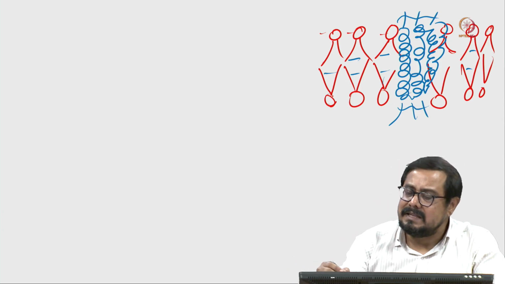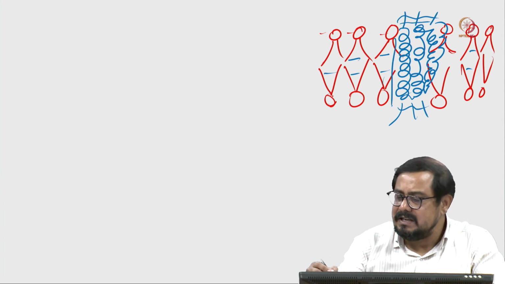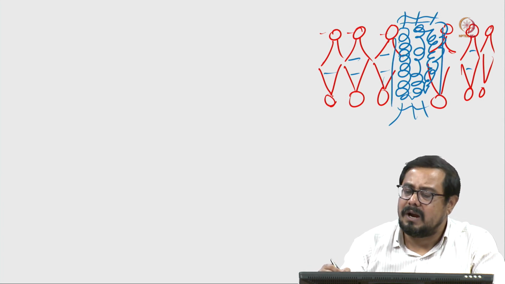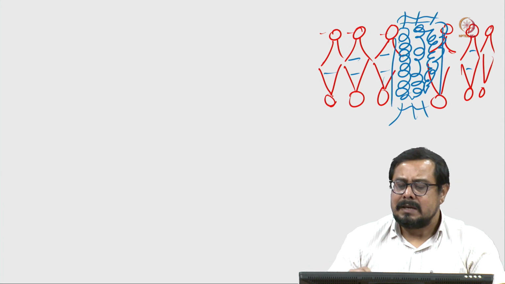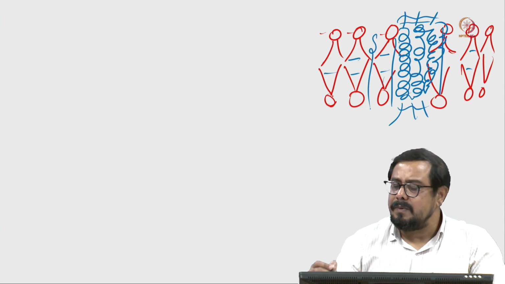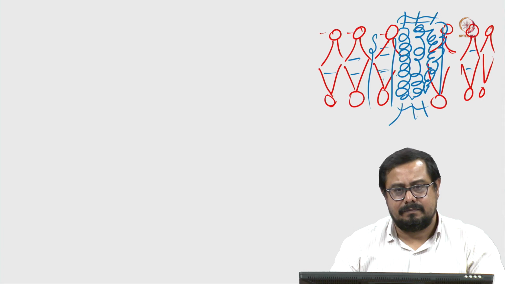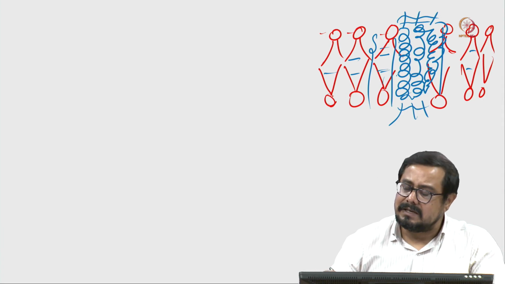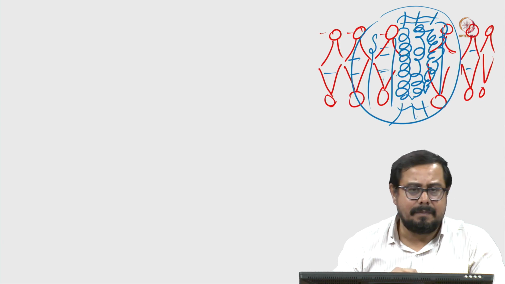But inside this particular part, there will be a lot of hydrophobic amino acids. These hydrophobic amino acids will be surrounded by the hydrophobic residues of the lipid chain, and that is the reason a membrane protein will always be surrounded by the lipid membrane.